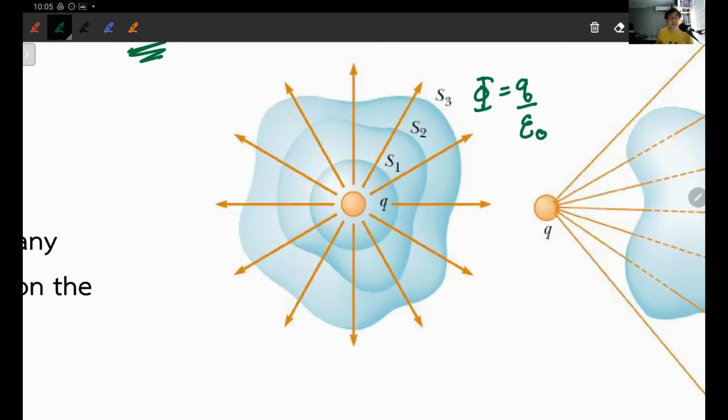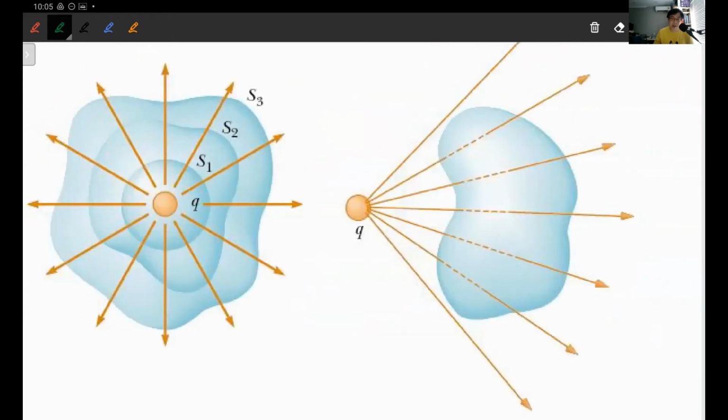Believe it or not. So that means if you understand how to calculate the flux, all you need to do is count the amount of charge inside your closed surface. It has to link through the Q over epsilon naught all the time.